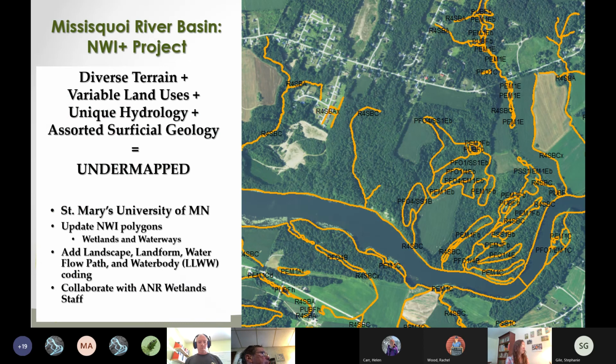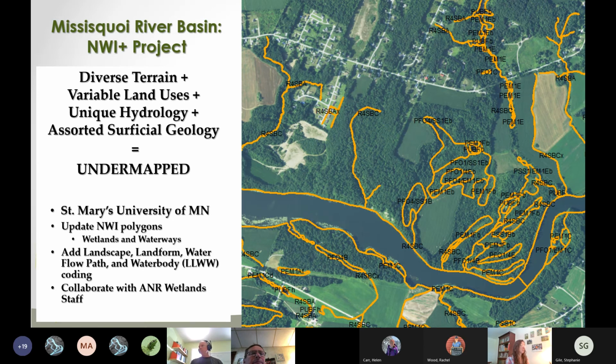So the really exciting mapping project going on right now for our program is this NWI Plus project. The first pilot project was the Missisquoi River Basin. It basically creates a model, and there's some ground proofing that went along with this, with a very detailed mapping product that uses Cowardin codes that represent the type of wetlands.